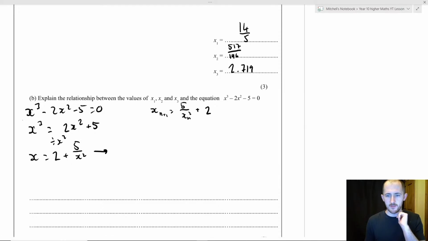So now if I just rearrange this slightly, that looks exactly like this does, right?